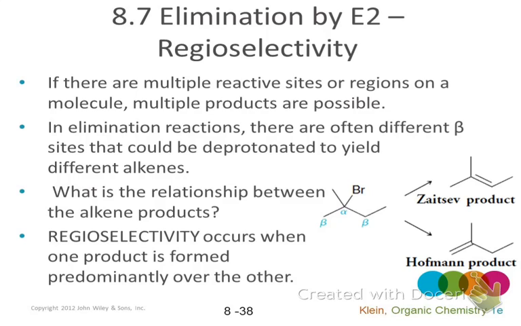And if it's beta 1, then this beta hydrogen leaves, and then I end up with this. So which one of those is more stable? Top one. Two substituents on the double bond, versus one substituent.